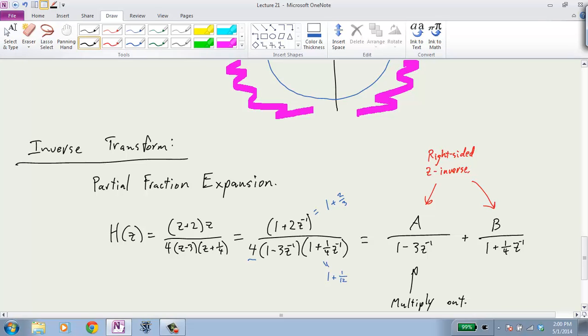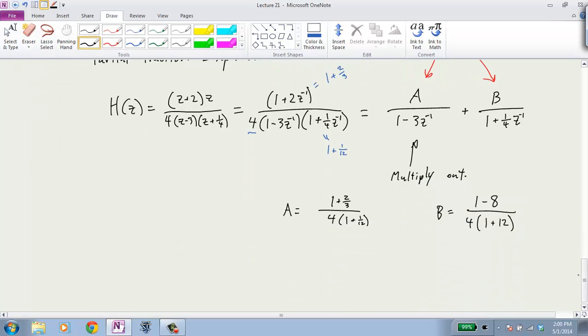And if you recall, that means that h of n is going to equal A times -3 to the n u of n plus B times 1/4 to the n u of n.